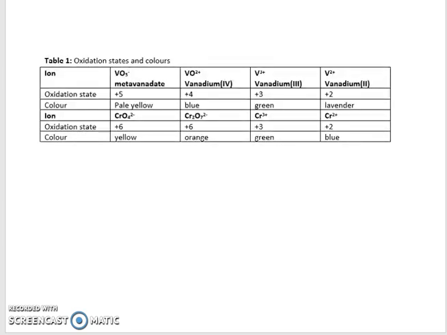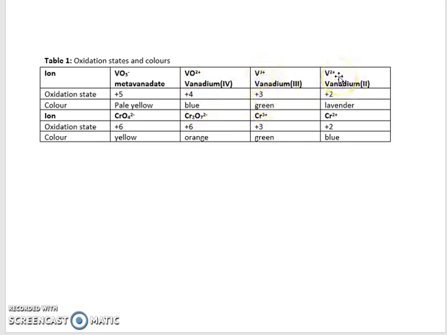This table gives you a correlation between the oxidation state and the color. Here you have VO3-, and it's got an oxidation state of 5 and it's yellow. Here you have VO2+, it's got an oxidation state of 4 and it's blue. Here you've got an oxidation state of 3+ for your vanadium and it's green.